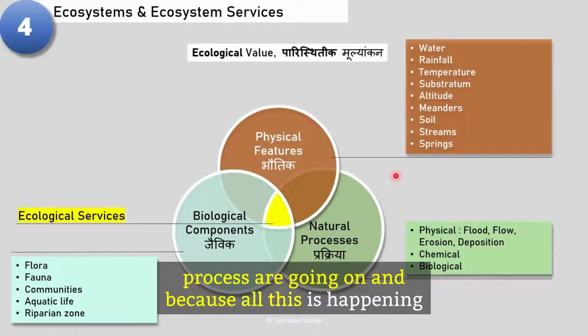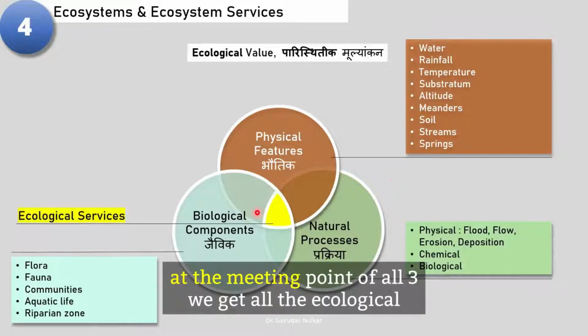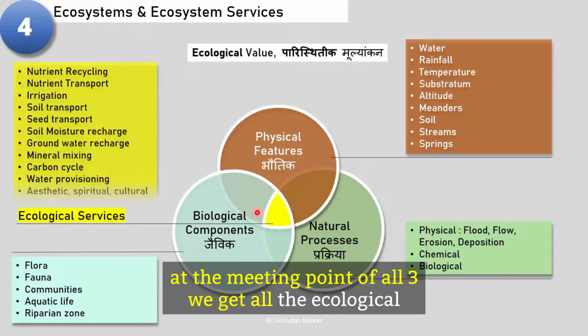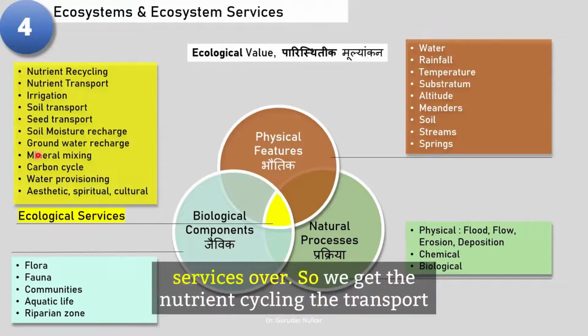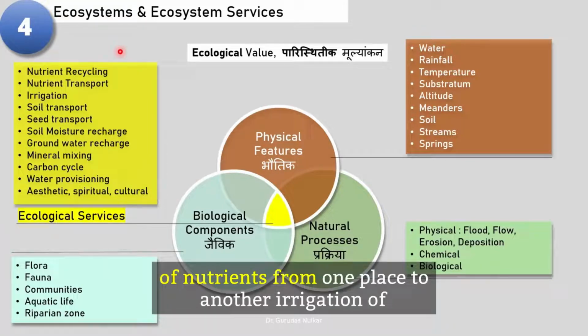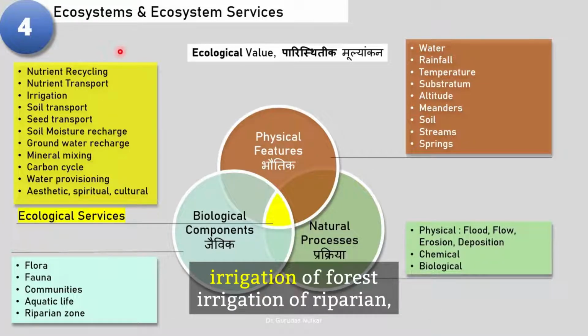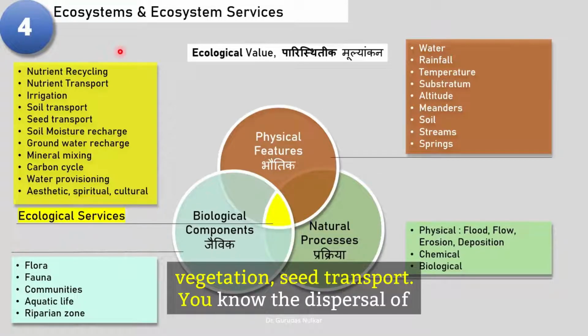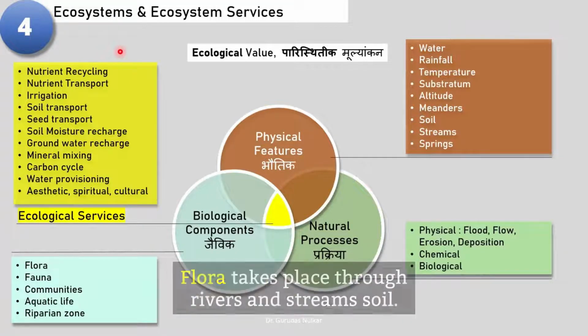And because all this is happening, at the meeting point of all three, we get all the ecological services of a river. So we get nutrient cycling, the transport of nutrients from one place to another, irrigation of forest, irrigation of riparian vegetation, seed transport. The dispersal of flora takes place through rivers and streams.